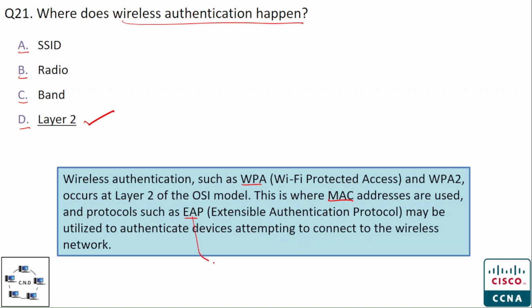This protocol again is used by the 802.1X standard, also known as NAC, Network Access Control, that is used whenever a device wants to connect to a network. When NAC is used, the device is first authenticated by a centralized server, and then it is allowed. And this authentication most of the time occurs through MAC addresses and other mechanisms. That's why this authentication occurs at layer 2.